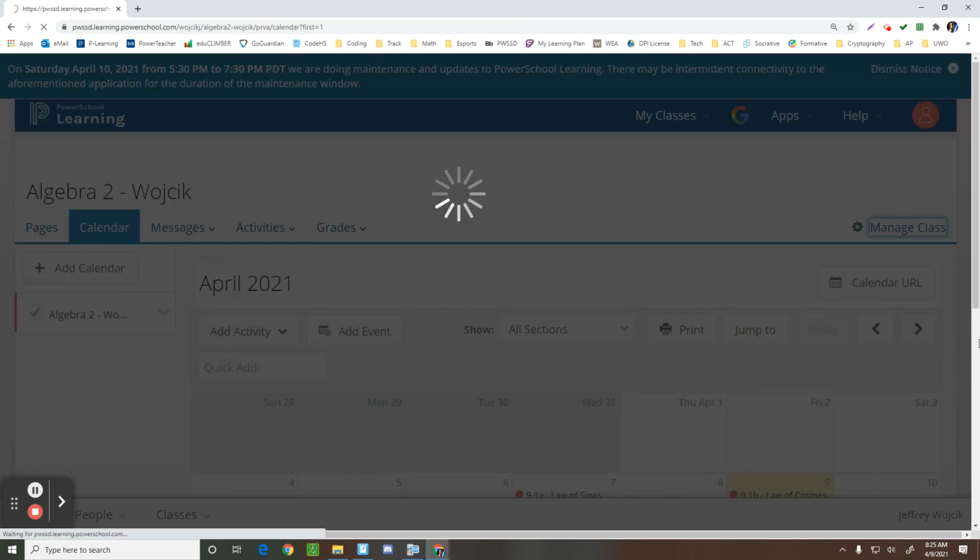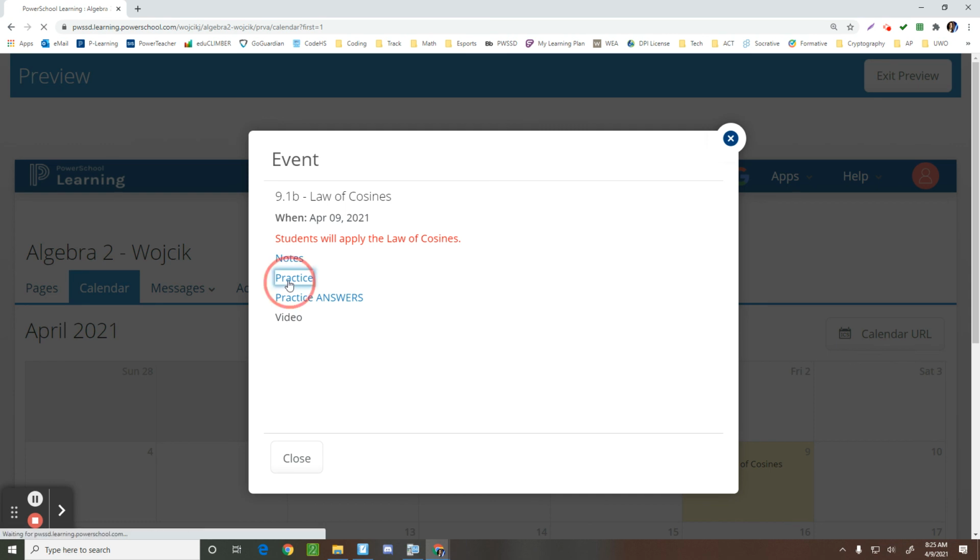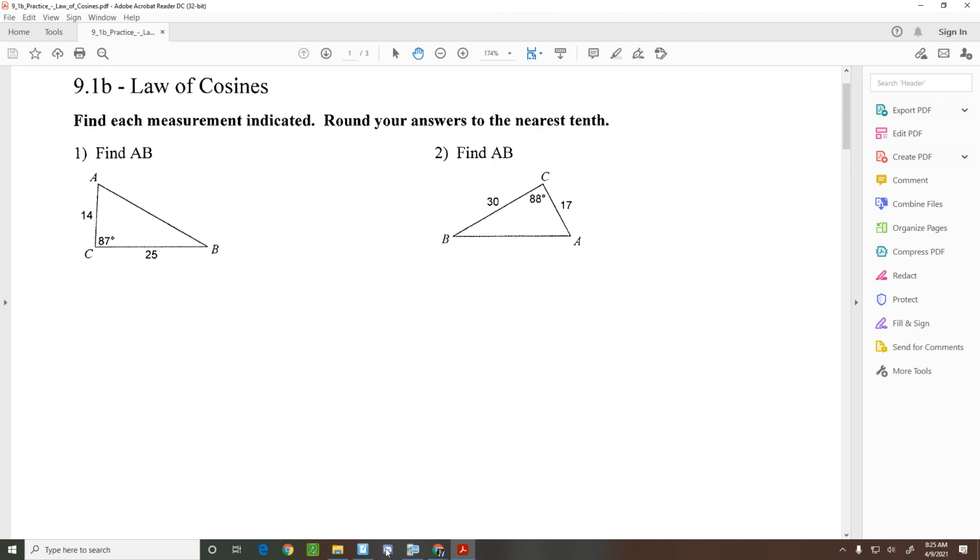Let me go to the student view. There we go. Law of cosines. And here you go, you've got your practice right there for you. It opens up in a PDF.